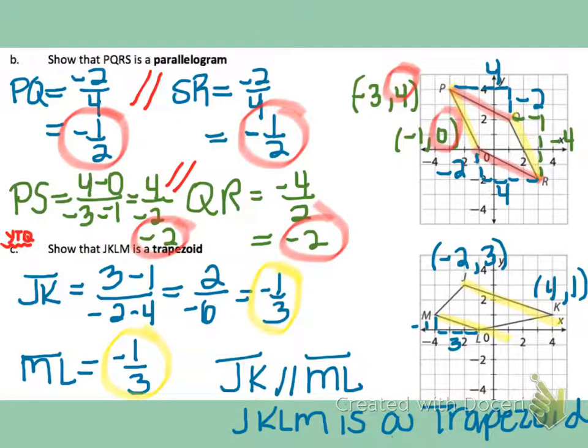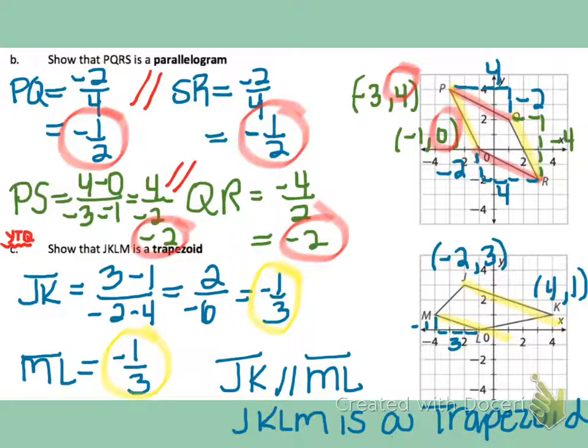Okay, so thank you for giving those two a try. In C, I chose to use the two different methods. On JK, I used the slope formula and identified the coordinates, and I got 2 over -6, which reduces down to -1/3.